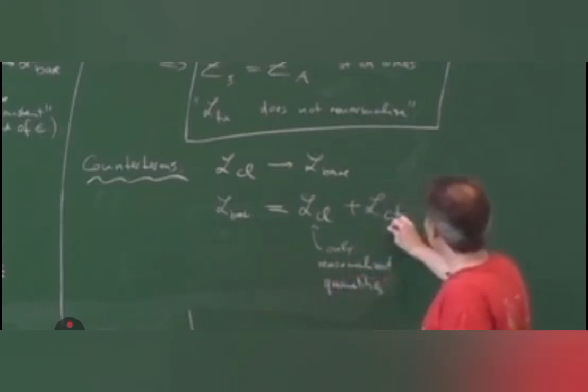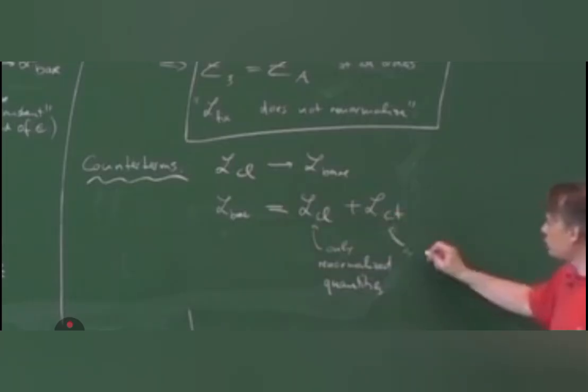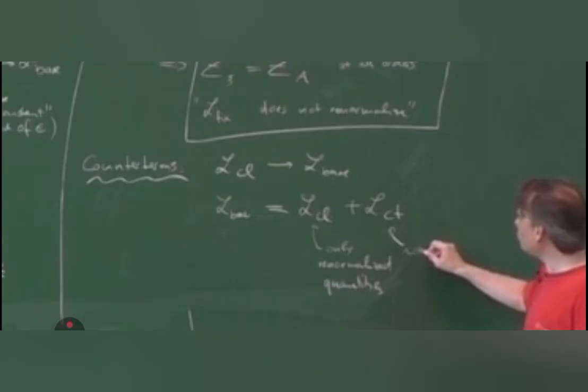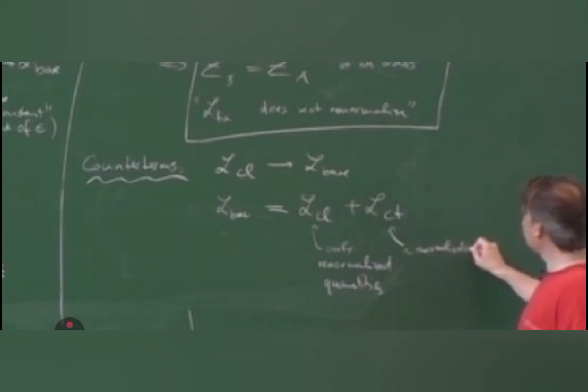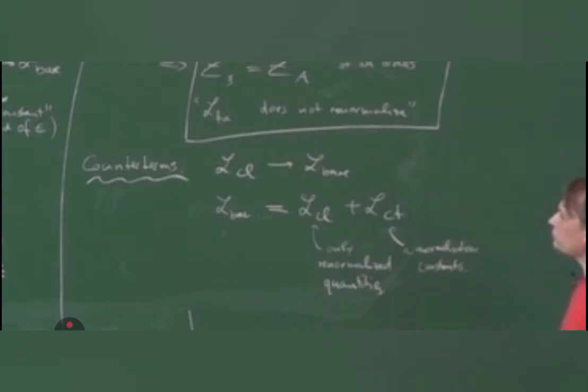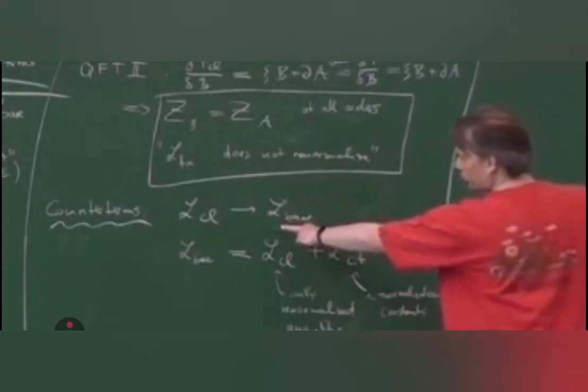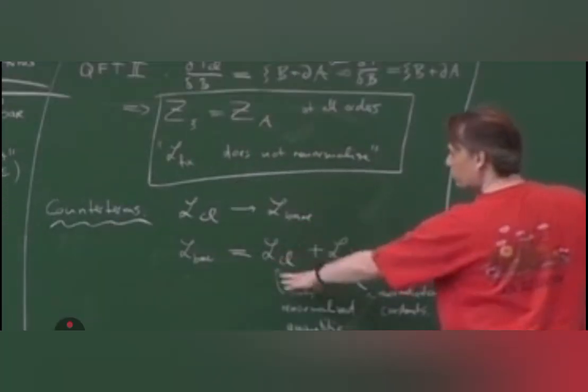And here every term in this counter term Lagrangian contains some renormalization constant. So our task is then to work this out, to really obtain the precise form of the bare Lagrangian and of the counter term Lagrangian. And let us do that.